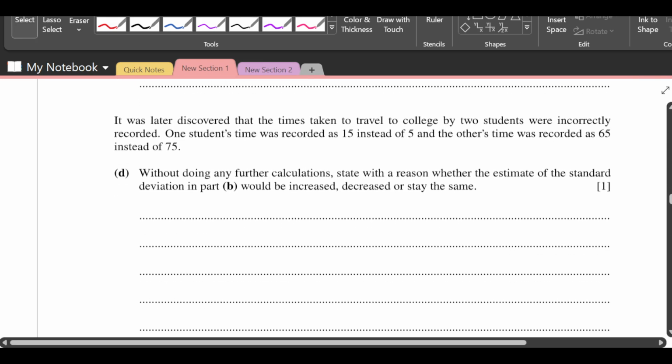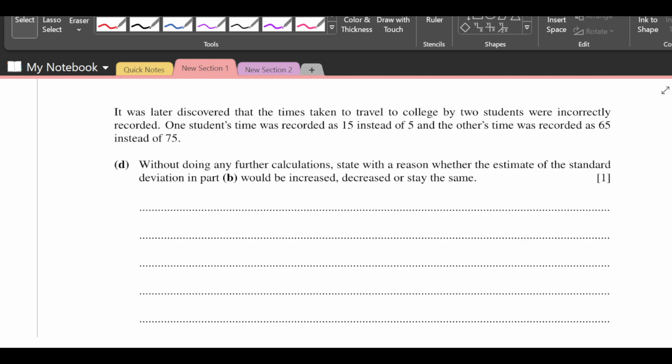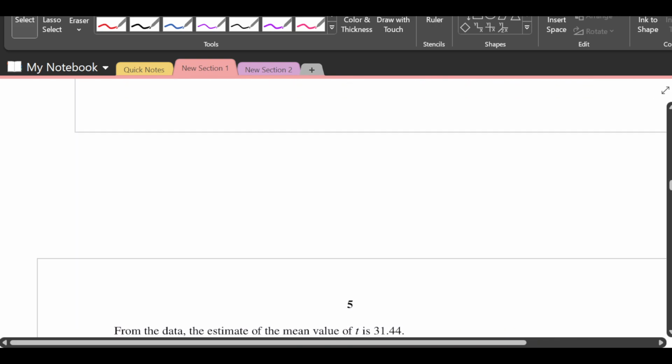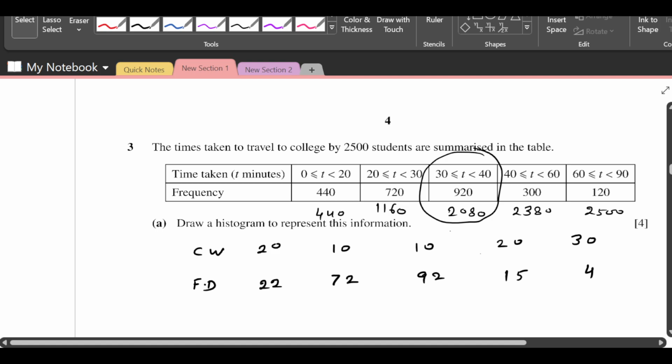Now, it was later discovered that the time taken to travel to the college by two students were incorrectly recorded. One student's time was recorded 15 instead of 5, and the other was recorded 65 instead of 75. So instead of 5, if I record 15, it will not make any difference.